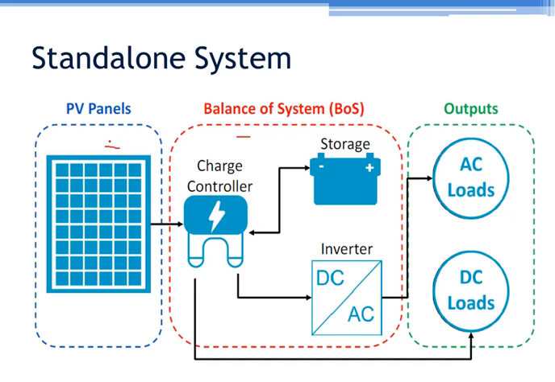PV panels are formed by solar cells and solar array. Normally the output of this PV panel is DC voltage and that is also unregulated. So to make that voltage regulated and depending on load, you have to use power converters. If you are using storage battery, the DC voltage is connected to the battery through the charge controller, and this charge controller will charge this battery at required specification.